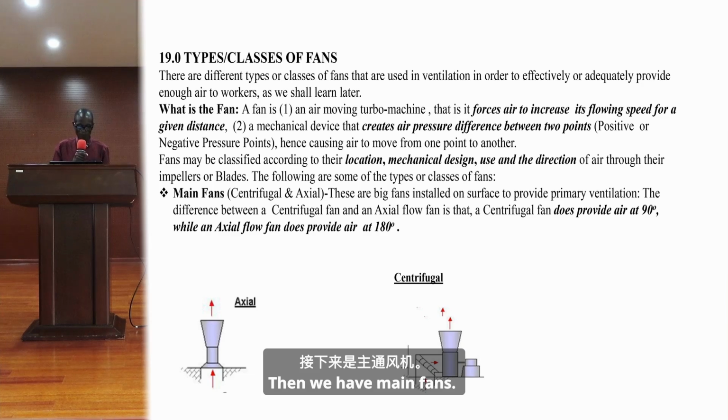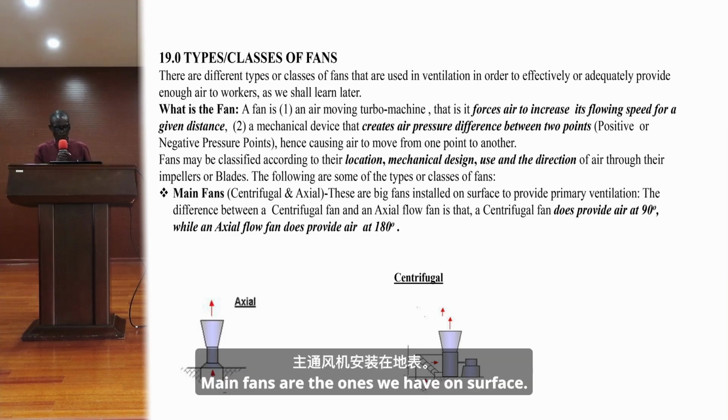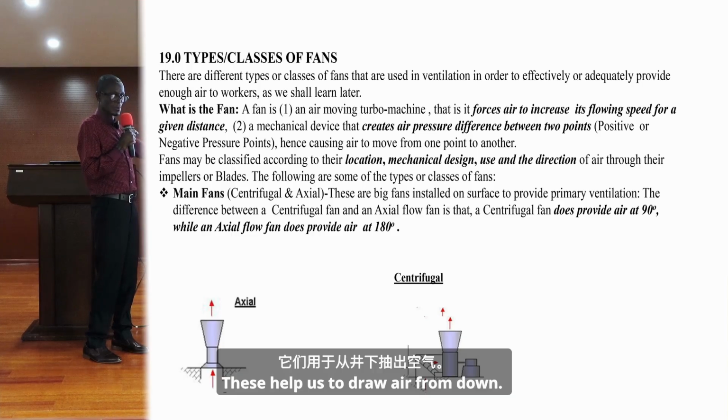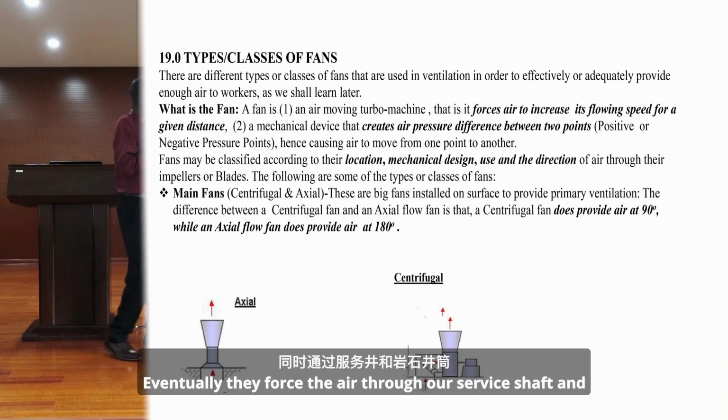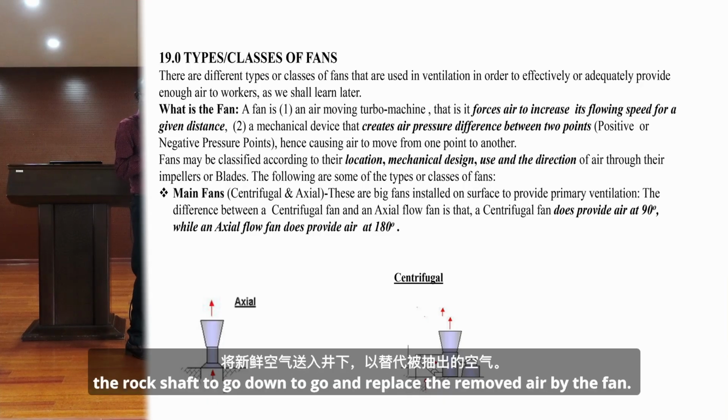Then we have main fans. Main fans are the ones we have on surface. They help us to draw air from down. Eventually, they force the air through our service shaft and the rope shaft to go down, to replace the air removed by the fan.